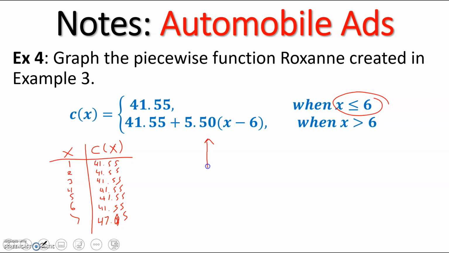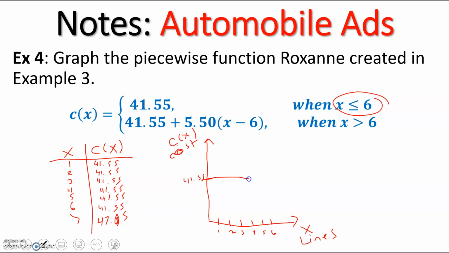So let's just get a quick sketch of what this is going to look like. So x is the number of lines, and C of x, that's our cost. So if we have between 1 and 6 lines, so 1, 2, 3, 4, 5, 6, the cost is the same value, right? This 41.55, right? So it stays literally flat, 1 through 6 actually, right?